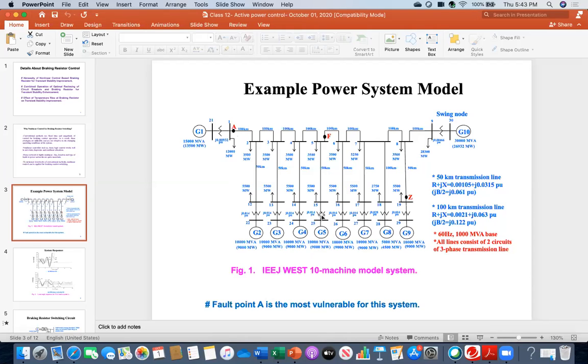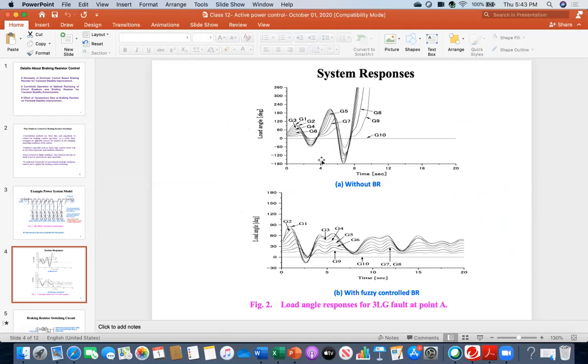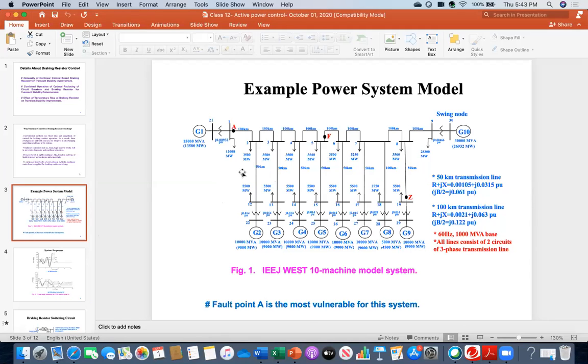For example, for this system, it has been shown that by an optimization algorithm, you put one braking resistor here and 3, 4 in this zone. And if you don't put anything here, again the system is unstable. Even though you put 9 braking resistors in those locations, if you don't put any braking resistor here, then still the system will be unstable.